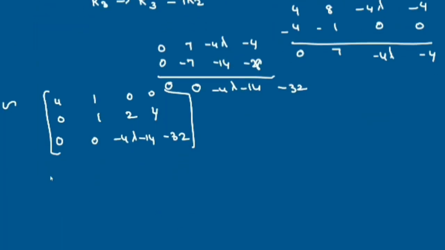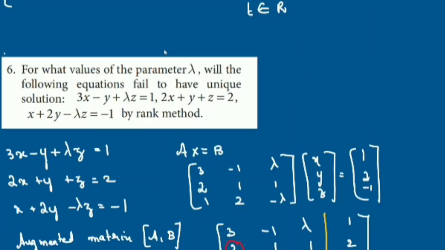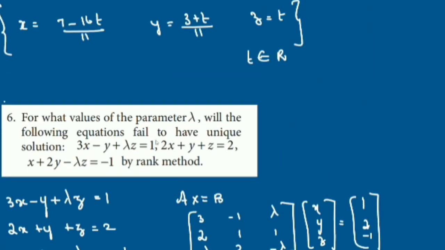Now this is in the echelon form. The rank of AB, if you take the full matrix AB, is 3 because there are 3 non-zero rows. So rank of AB is 3. Now the question is, it should fail to have a unique solution.